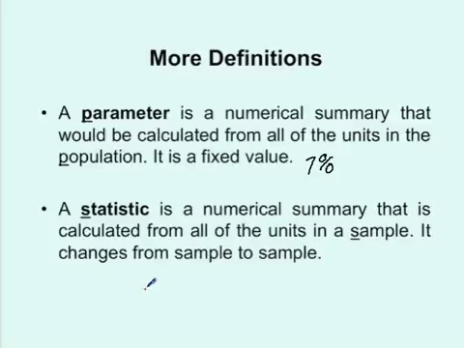In other words, you didn't get the exact value, you got an estimate of it. Now, when you take a second sample, you probably will get a slightly different estimate than you did the first time. And so that's what we mean by the fact that a statistic changes from sample to sample, while on the other hand, a parameter is a fixed value. So statistics change from sample to sample, parameters are a fixed value, okay?